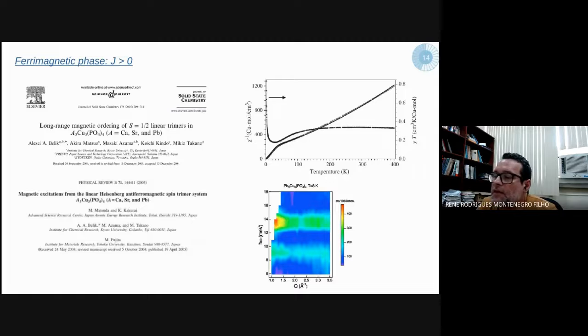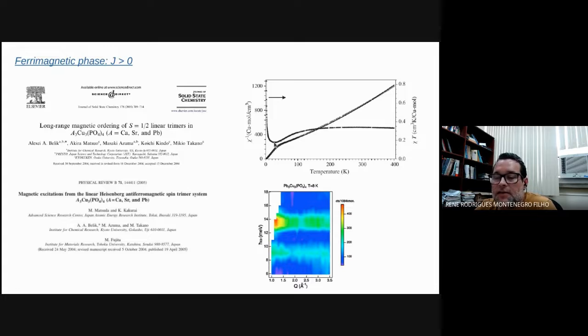The experimental results come from two papers. In this paper, the authors have studied the thermodynamics of the system, particularly the susceptibility, and the product of the susceptibility by temperature has the characteristic minimum of ferrimagnetic systems.